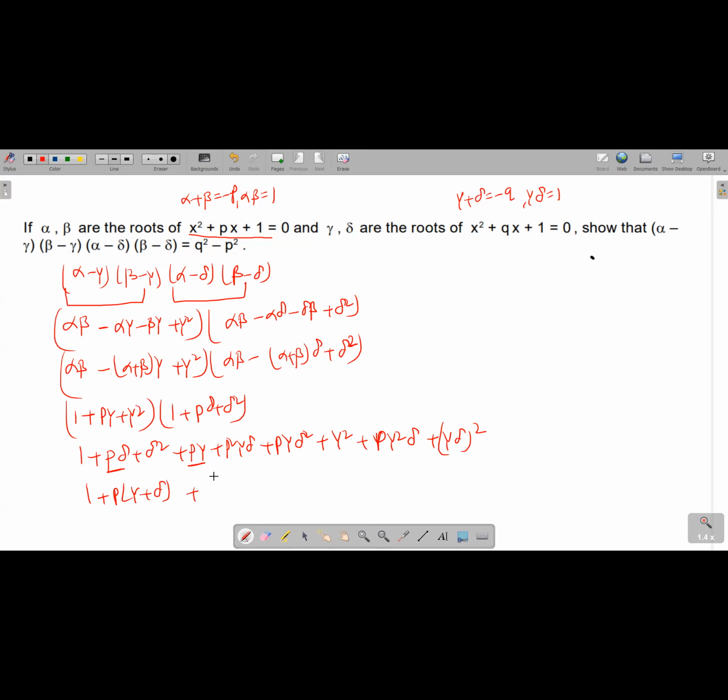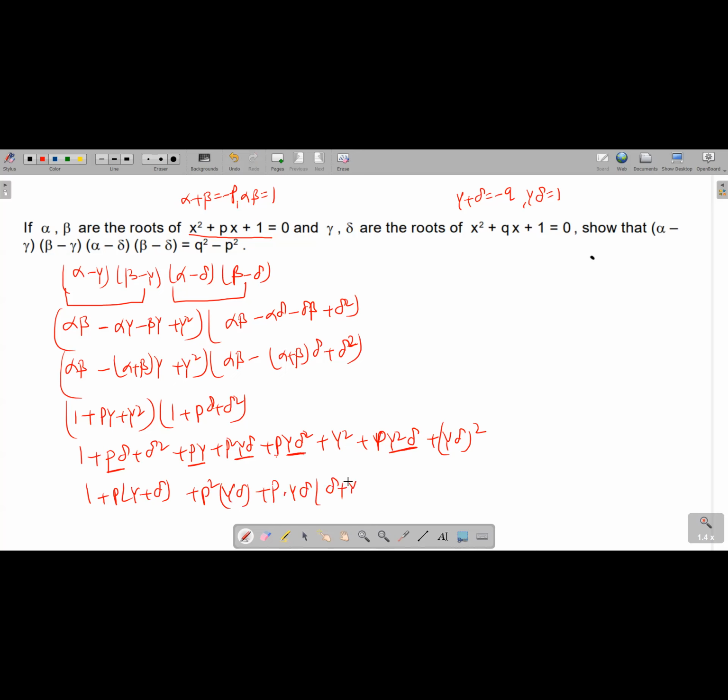And then here we can see that p square into gamma delta. We have only one gamma delta. Okay, fine. This is gamma delta. And now you can see that we have p gamma delta square and p gamma square delta. So from here we can take p and gamma delta out.